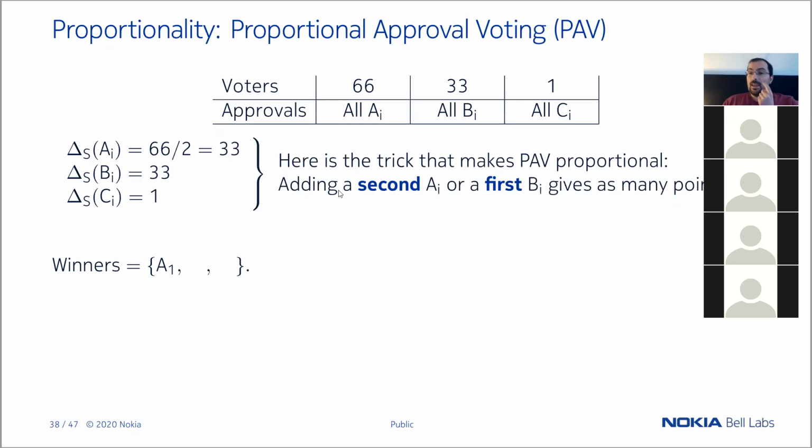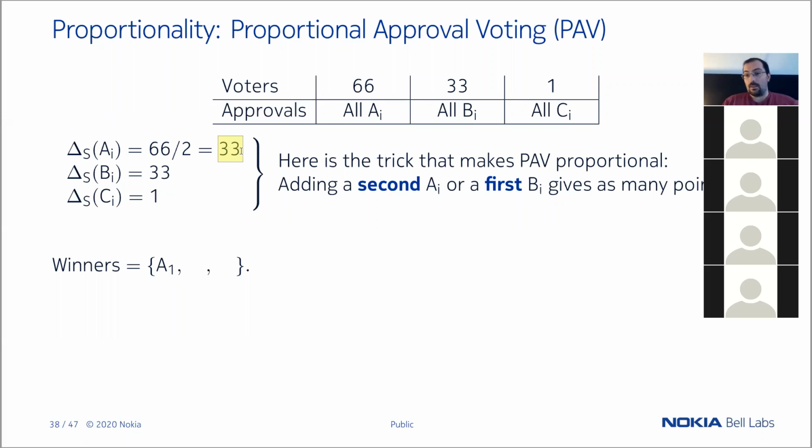Then what happens if I add a second candidate A? Then the level of happiness of these guys, by definition of proportional approval voting, will increase only by 1/2, because they are already happy once. But if I add a candidate of type B, the level of happiness of this guy will be increased by 1. So in fact, I gain exactly the same number of points if I add a second candidate of type A as if I add a first candidate of type B. And that's precisely the trick that makes proportional approval voting proportional.